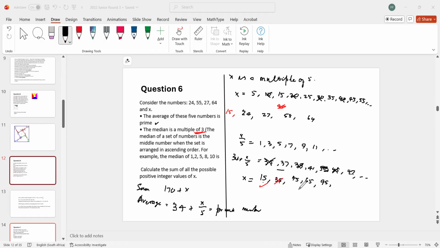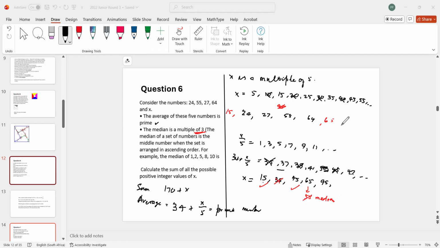It's out. Even here, 45 becomes a median because it's right in the middle, and it is a multiple of 3. It's allowed. 65, if x is 65, then 65 is out there, and then 55 is a median. And that's not allowed. The median is a multiple of 3.